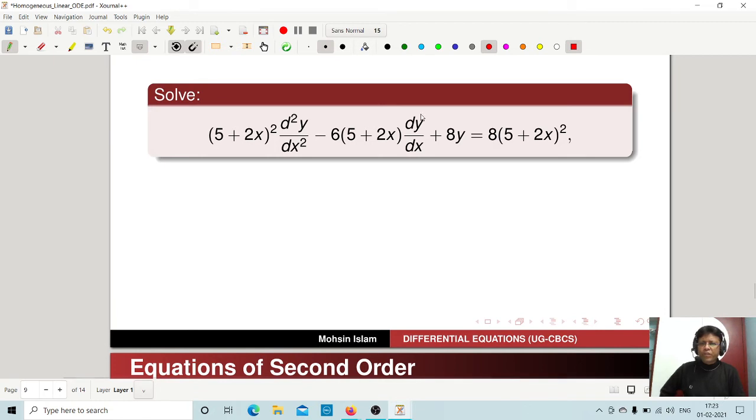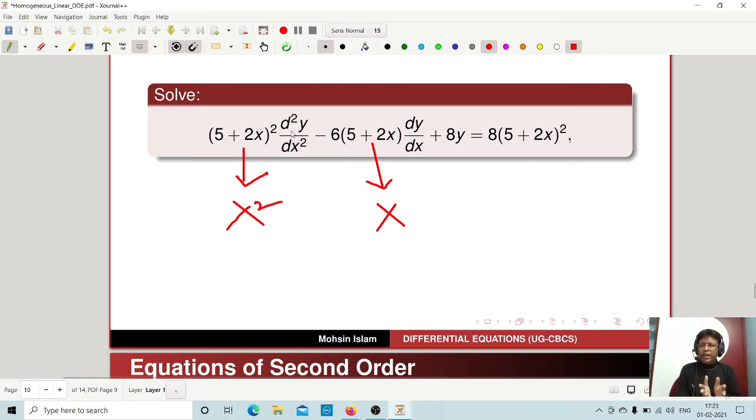You see, here you don't have any term having x squared, but instead of that you have 5 plus 2x. It's just like, if you replace this by x, this is x squared, this is like x, and this is also x. So you have the same homogeneous, because this is squared and you have multiplied with second order derivative, and this is x, you have first order derivative, and so on.